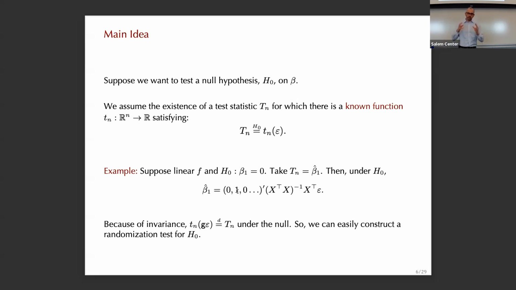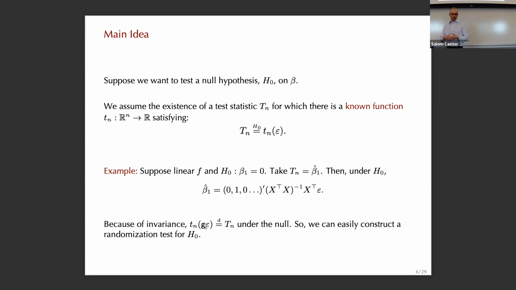Okay. So suppose we have come up with a statistic such that this condition holds. Then what you have to understand is that now we can leverage this structural assumption of the errors. Now I know that my observed test statistic has the same distribution as Tn of the errors, where the errors have been transformed by any transformation in my set.